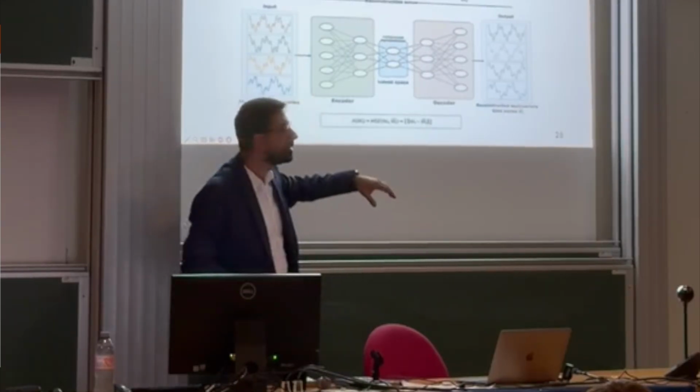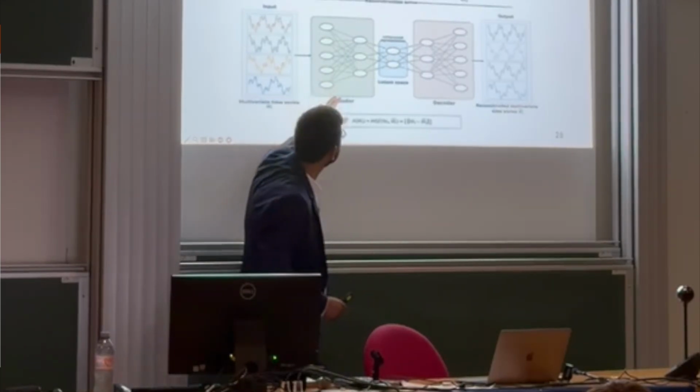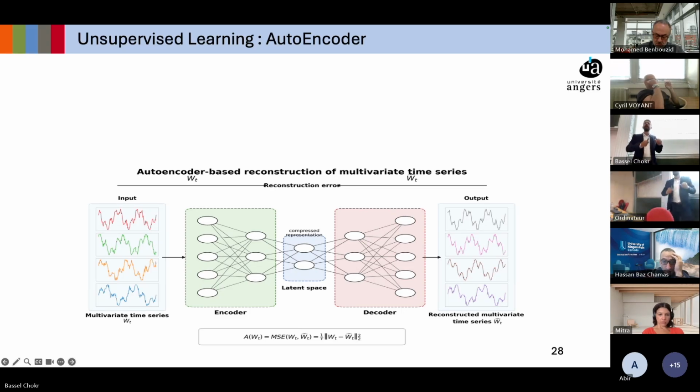Let's say we start with 10 neurons and lead to 2 neurons. Then we reconstruct with the decoder the whole original multivariate time series, using only the compressed representation, leading to the reconstructed multivariate time series, W_t hat, starting from the original, W_t.